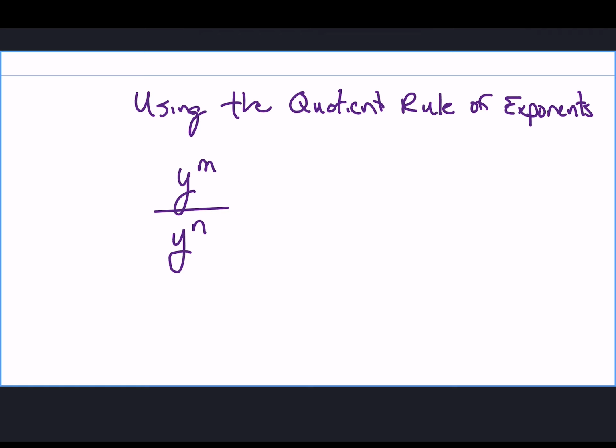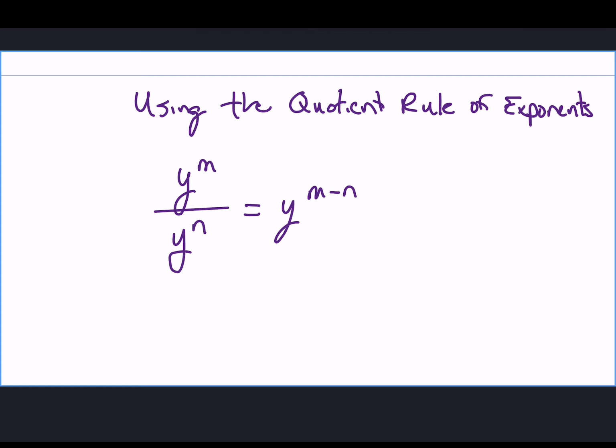What this says is that I subtract the exponents. Very similar to the product rule, and that's because multiplication and division are very similar operations. So we get y to the m minus n power.